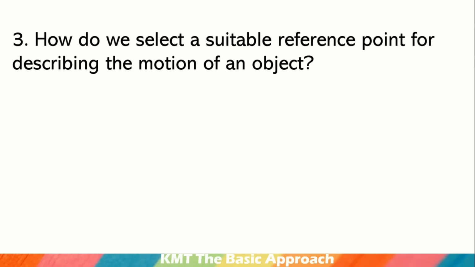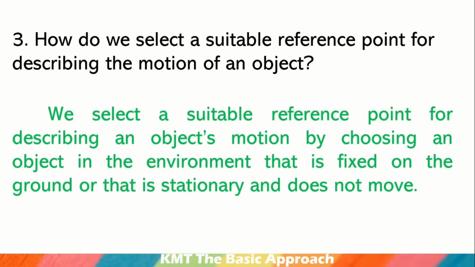Number 3. How do we select a suitable reference point for describing the motion of an object? Great! We select a suitable reference point for describing an object's motion by choosing an object in the environment that is fixed on the ground or that is stationary and does not move.